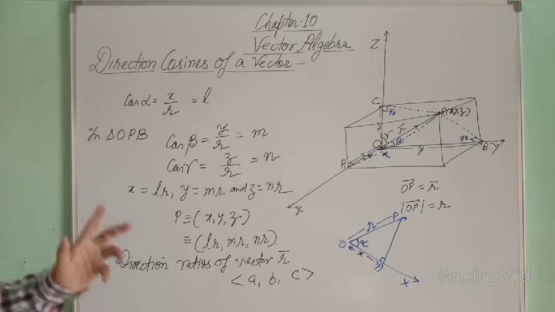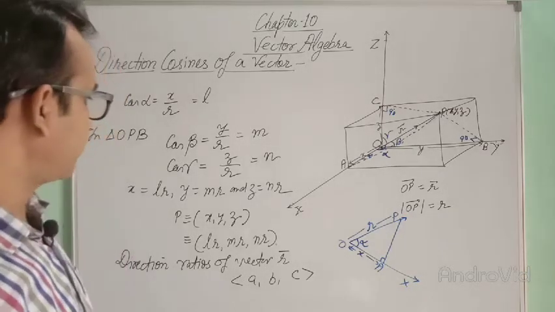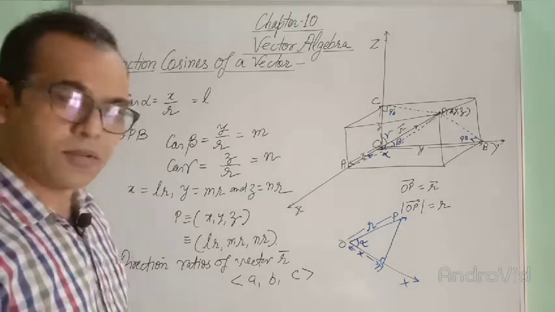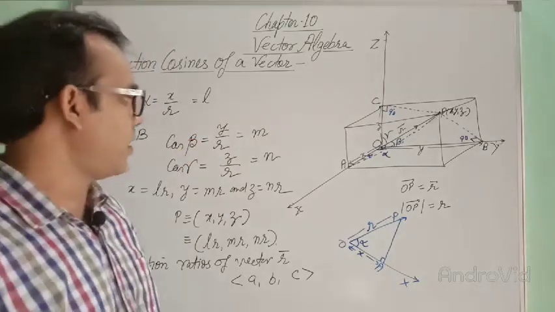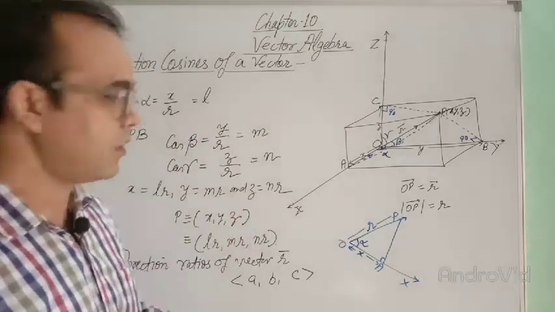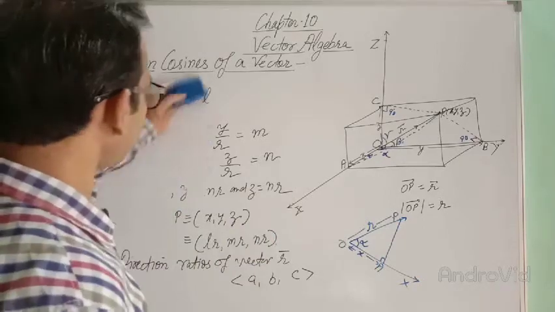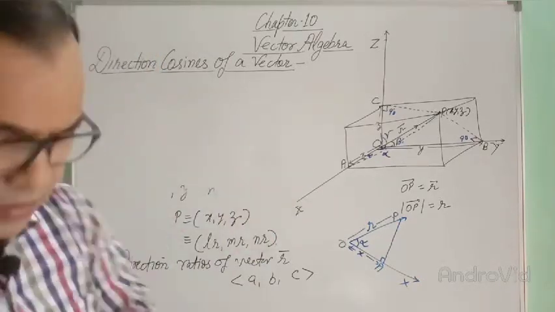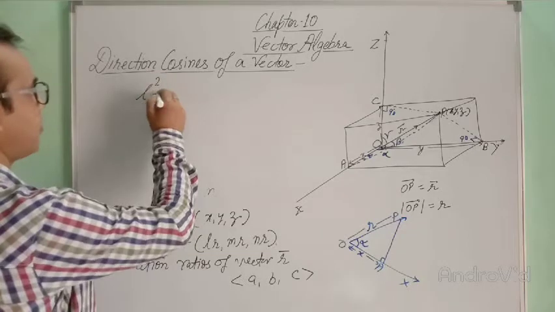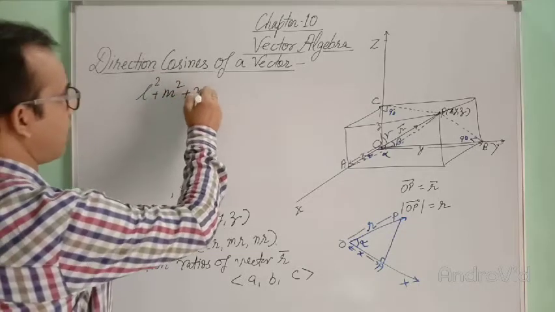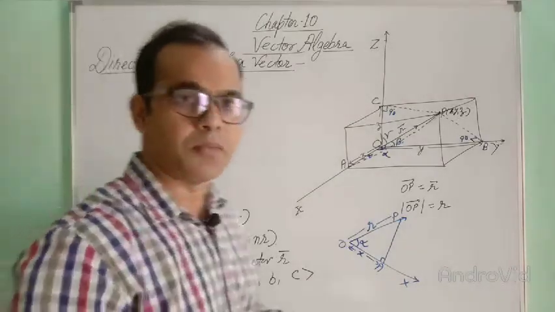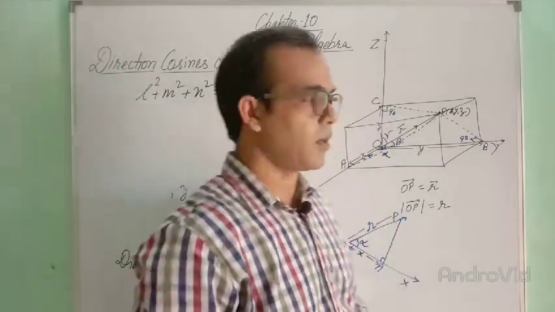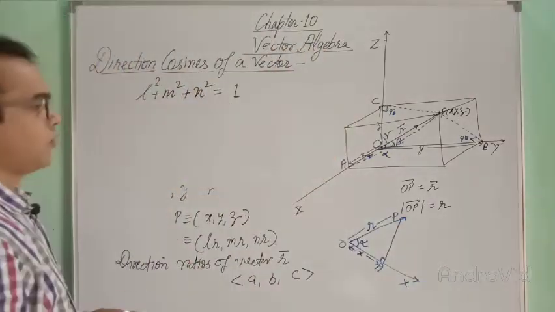Okay. Now we should also tell you a relation among L, M, and N, that is the sum of the squares. L square plus M square plus N square is always 1, and it can be proved easily. How to prove?